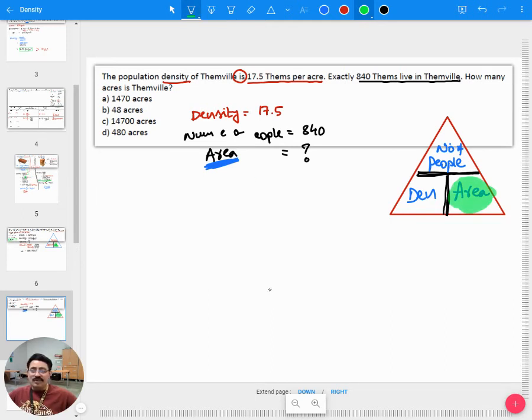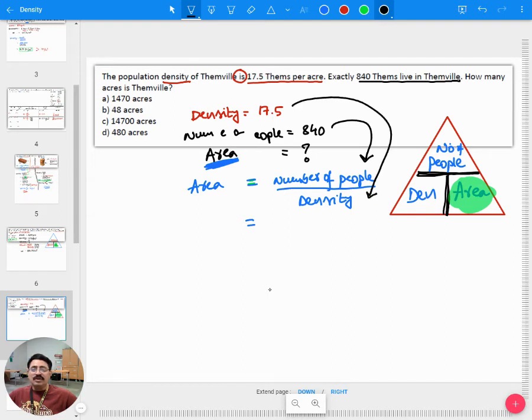Therefore, let me write the formula: area equals number of people divided by density of population. Just plug in these values, number of people goes here, and density goes to the denominator.